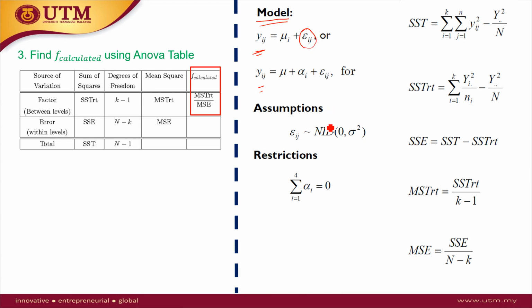It should be normal. And the restriction is that the sum of alpha is equal to 0. So this is just the model and the assumptions of the model. However, you don't have to use this to find the value of f calculated. You just use the SST until MSE to find the value of the f calculated.